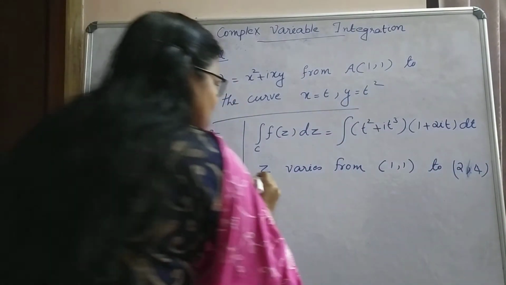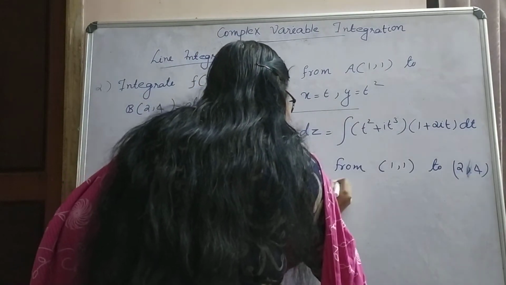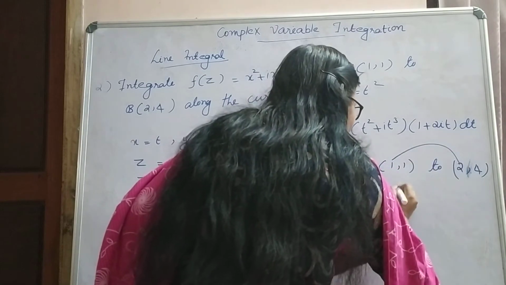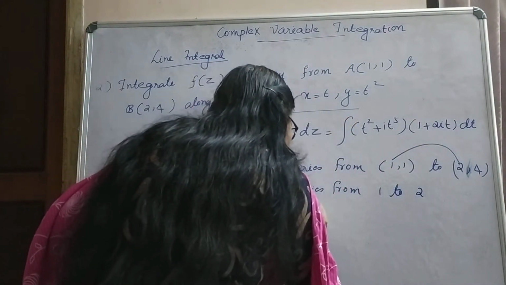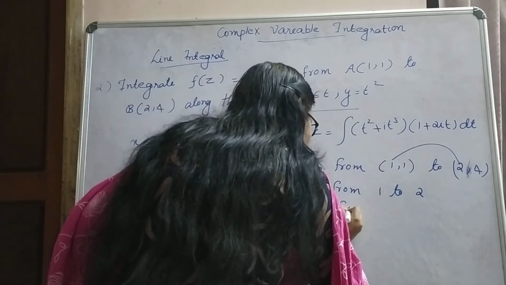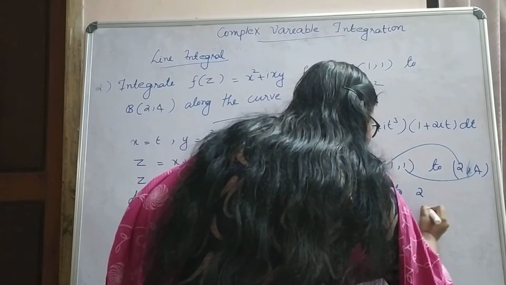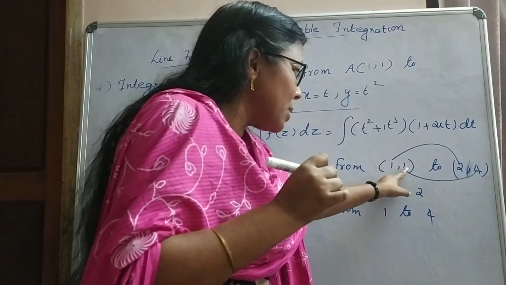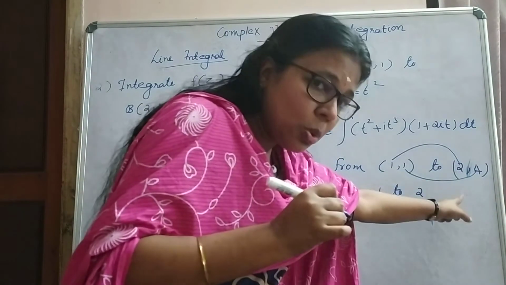Therefore, x varies from 1 to 2. Also, y varies from 1 to 4. The y coordinate varies from 1 to 4, and the x coordinate varies from 1 to 2.